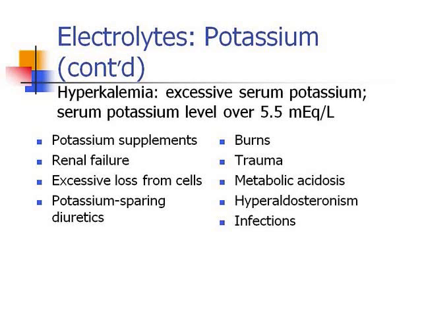Well, if it's lost from the cells, it goes into the blood next to be taken out of the blood. So that's why it would be too high. And one of the ways that can happen is from burns or trauma. Potassium-sparing diuretics can cause hyperkalemia, as can metabolic acidosis, hyperaldosteronism, and some infections.